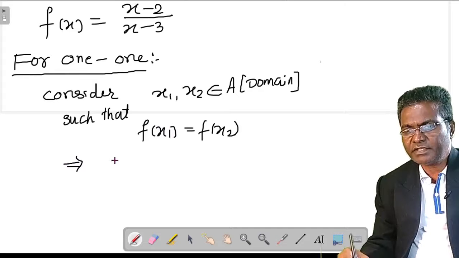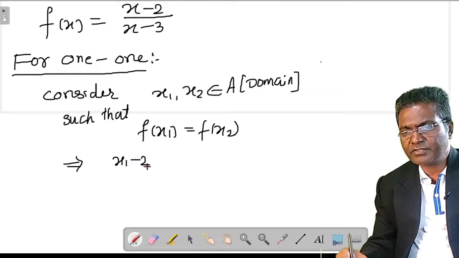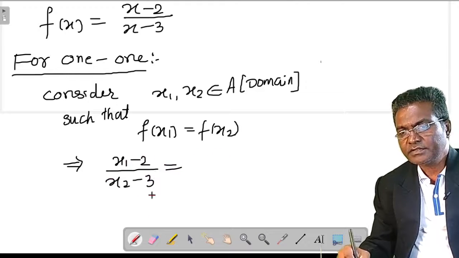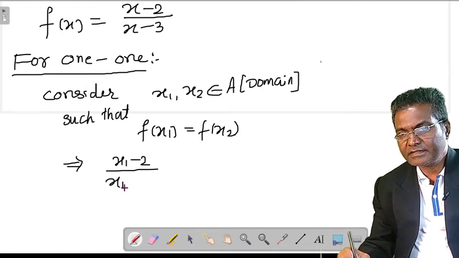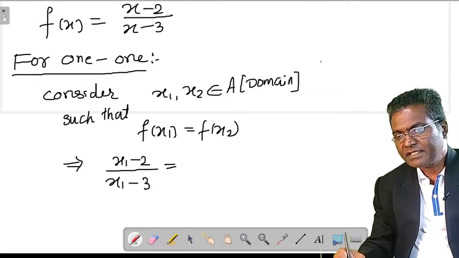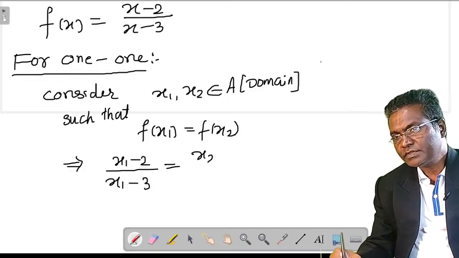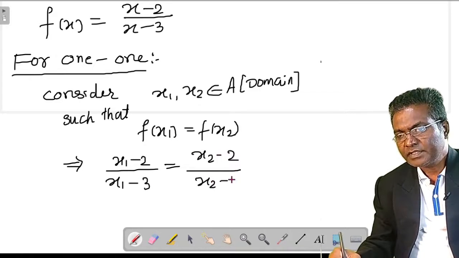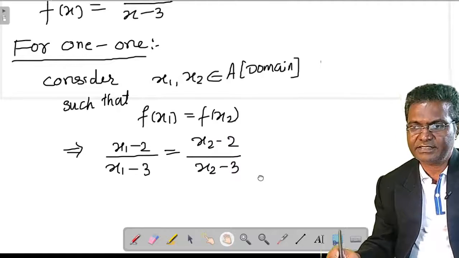So according to the definition, this becomes (x1 minus 2) by (x1 minus 3) is equal to (x2 minus 2) by (x2 minus 3).